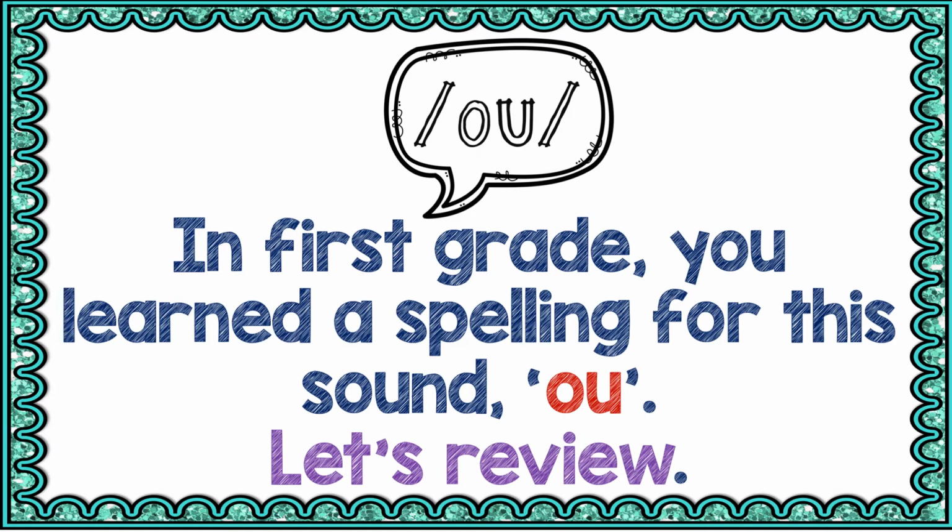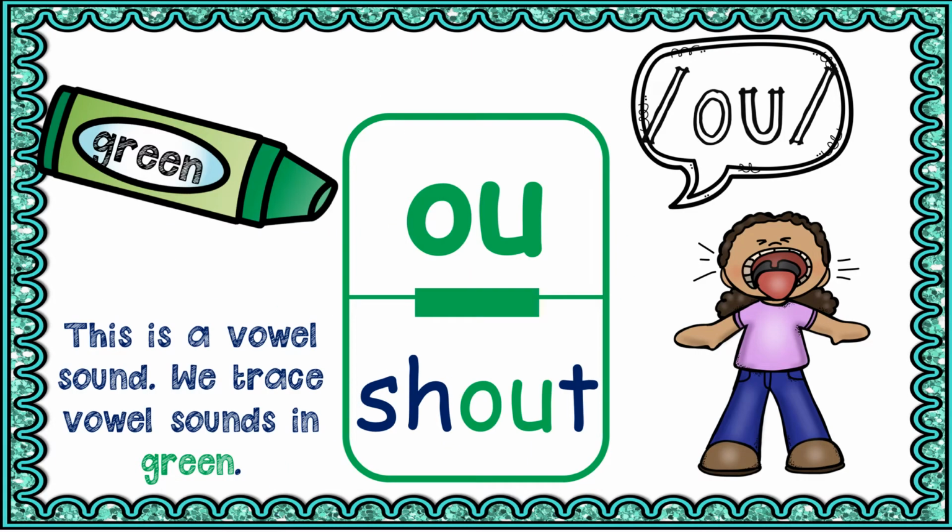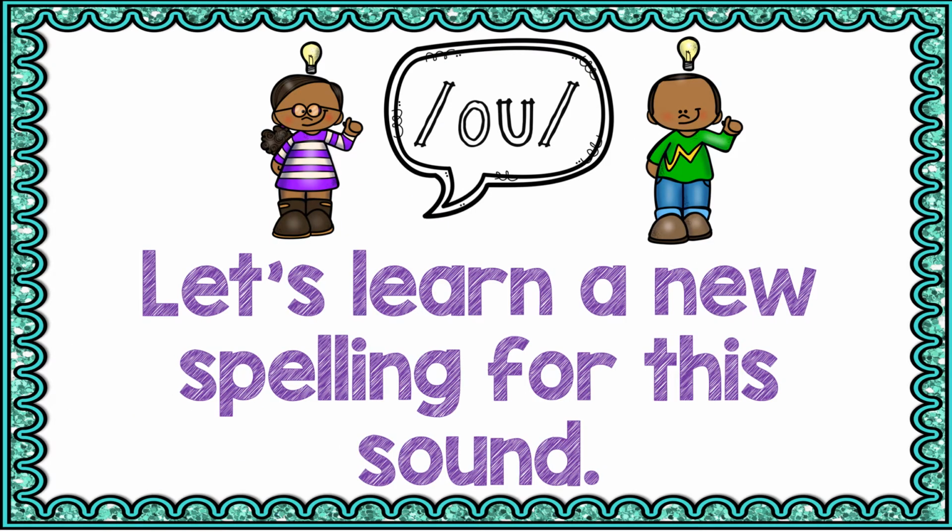In first grade, you learned a spelling for this sound, O-U. Let's review it. This vowel sound is ow, like in the word shout. O-U, make the ow sound. Now we're going to learn a new spelling for this sound.